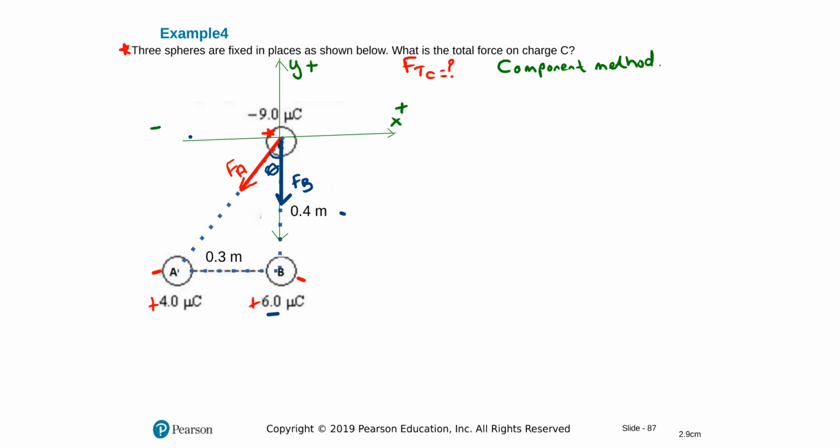We find all the components: find FAX, FAY, and find FBX and FBY. Then we add to find the total.